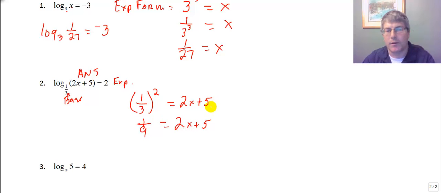I have one variable. I'm just going to go ahead and solve for x. I'm going to subtract 5 from both sides, and that would be minus 45 ninths. So I get a negative 44 over 9 equals 2x.